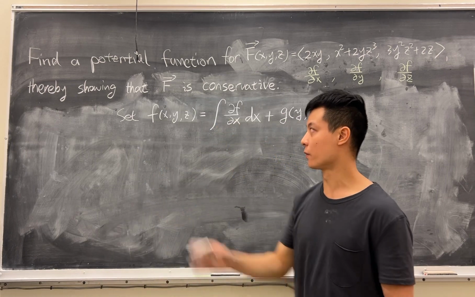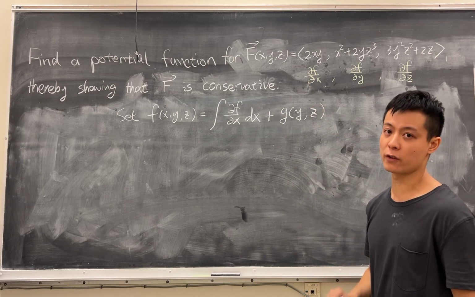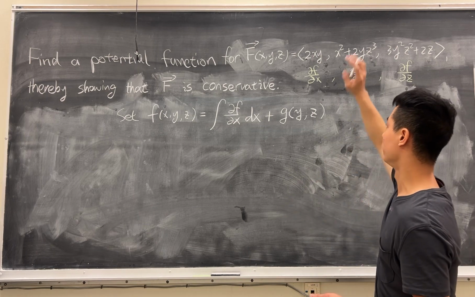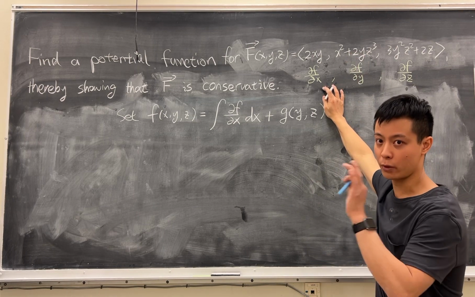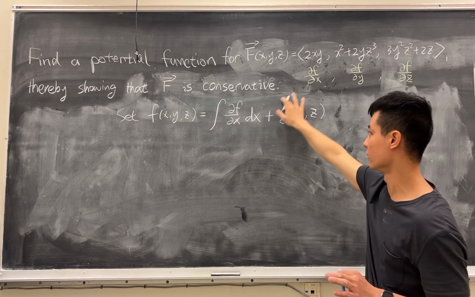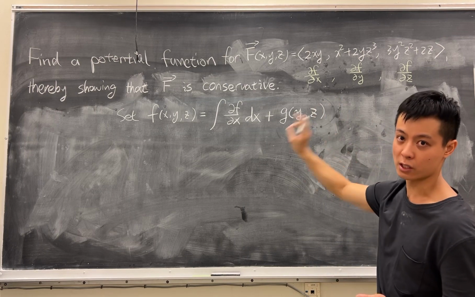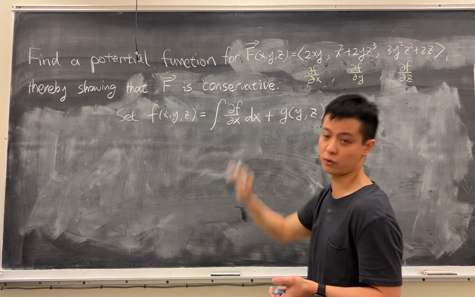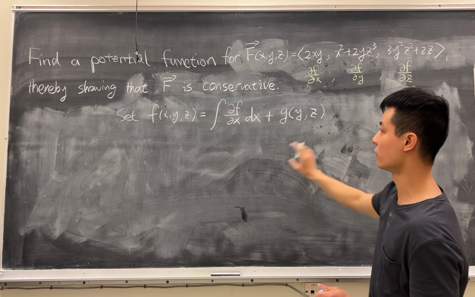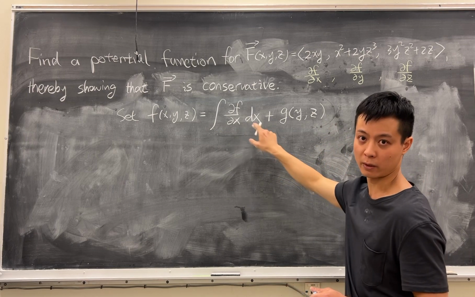The reason we do this is because there's some information inside the potential function that we might have lost in the process of partial differentiation with respect to x. You can imagine if there's something that is purely expressed in terms of y and z, then that thing will go to 0 if we take partial x on both sides, and that thing cannot be restored in the process of only integrating with respect to x.